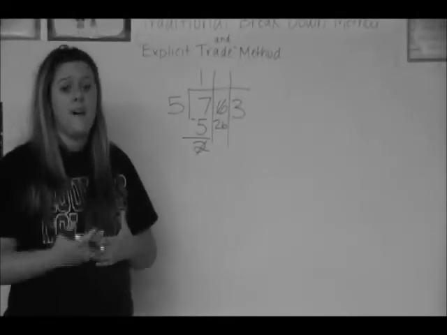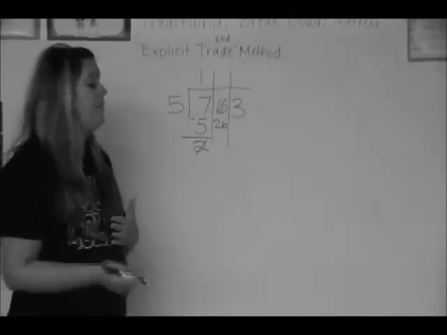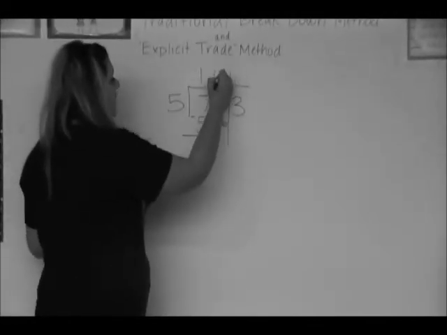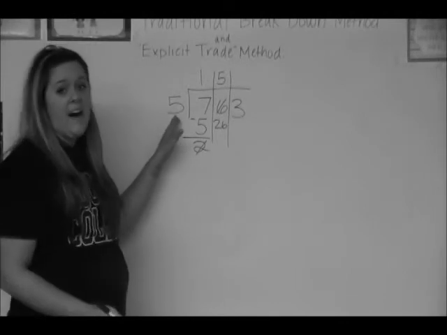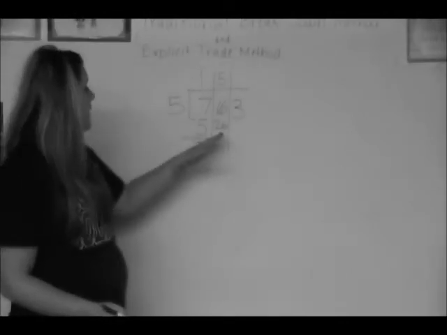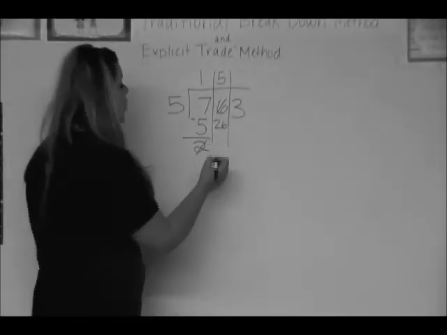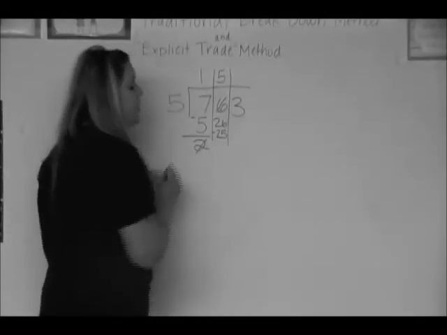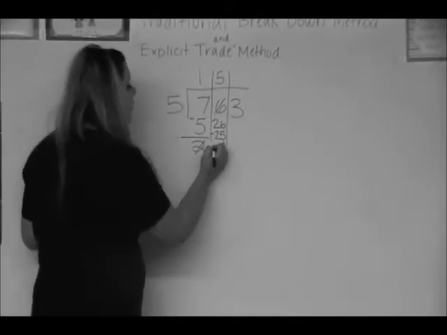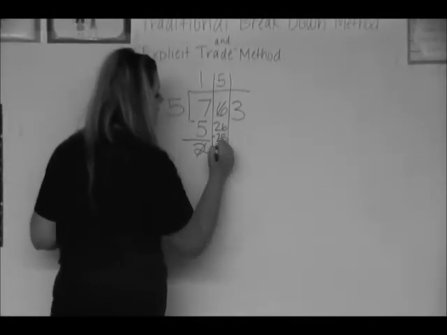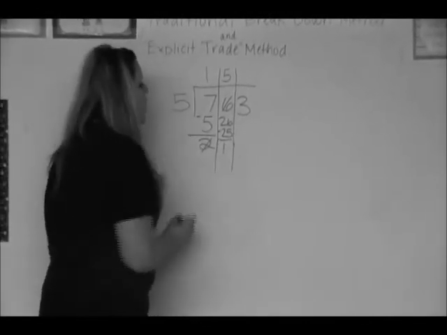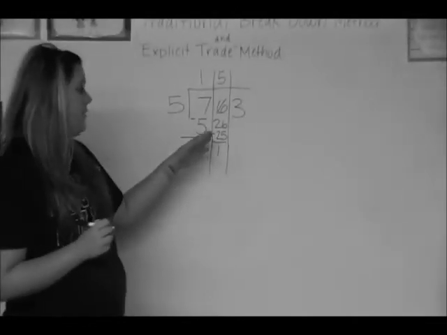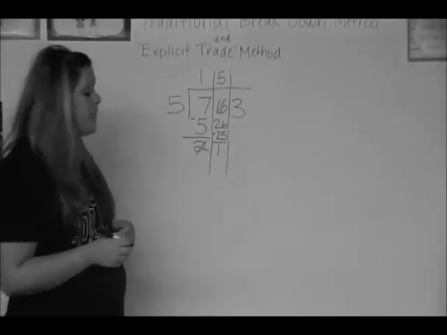And we know that 5 times 5 is 25. So we are going to put 5 up here, and we are going to do 5 times 5 equals 25. So we are going to minus, and we are going to bring our answer down here under the 26. And now this is going to leave us with the answer of 1. 26 minus 25 is 1.